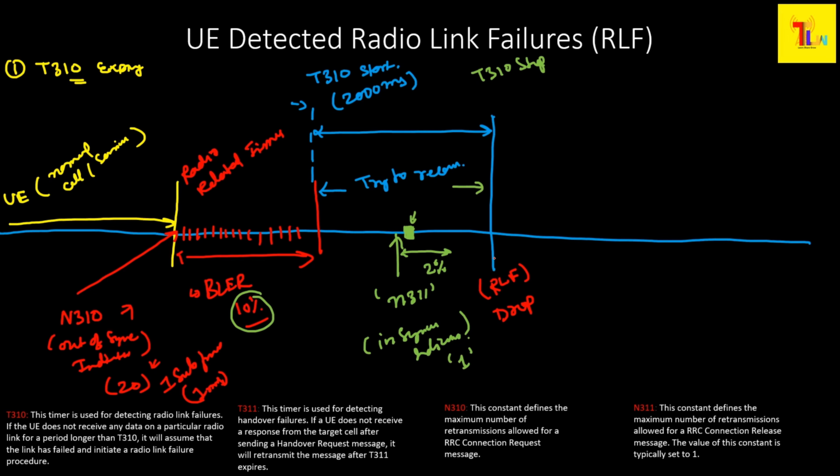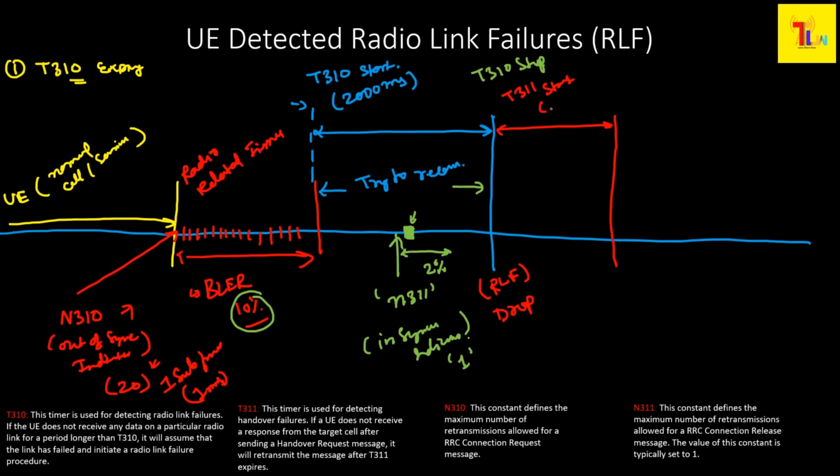So this is the scenario where you are going to consider that RLF occurred. Once this RLF occurred, T311 is one of the timers which will start. The significance of this timer is that it will be used for the RRC connection re-establishment attempt during this duration.